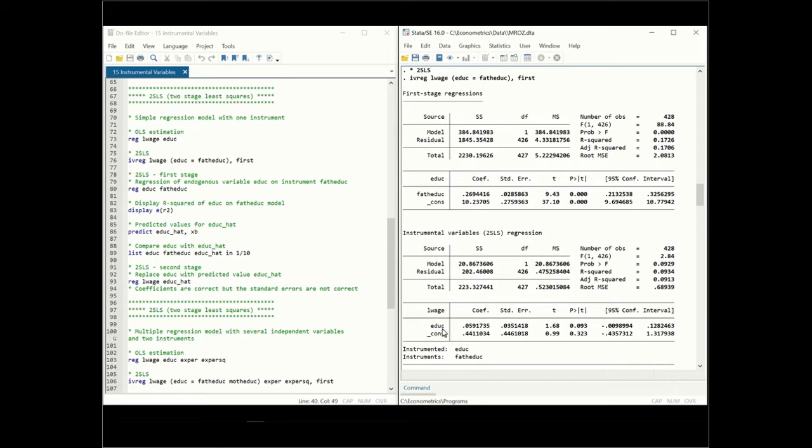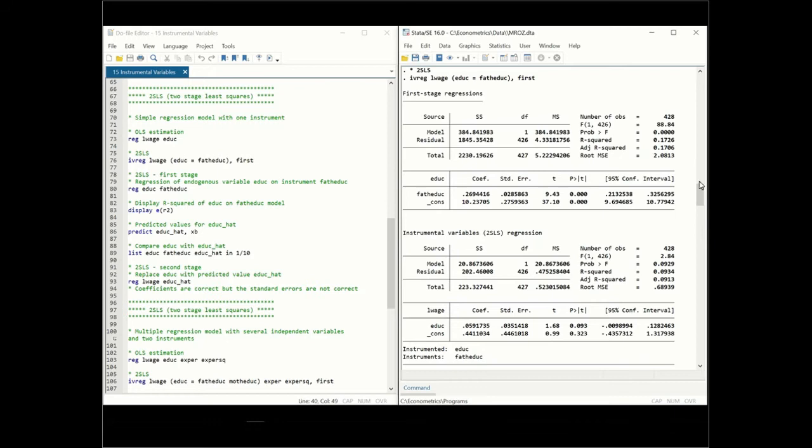And so these are the predicted values from the first stage, and this is the coefficient that we have here. So notice that this coefficient 0.059, that is actually exactly the same coefficient that we found above for the IV estimate that we had before. And how we're going to interpret it again is that for each additional year of education, we have 5.9% increase in wages for women.